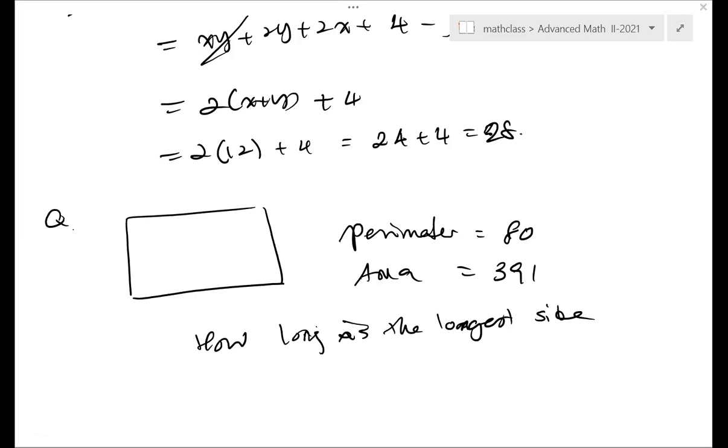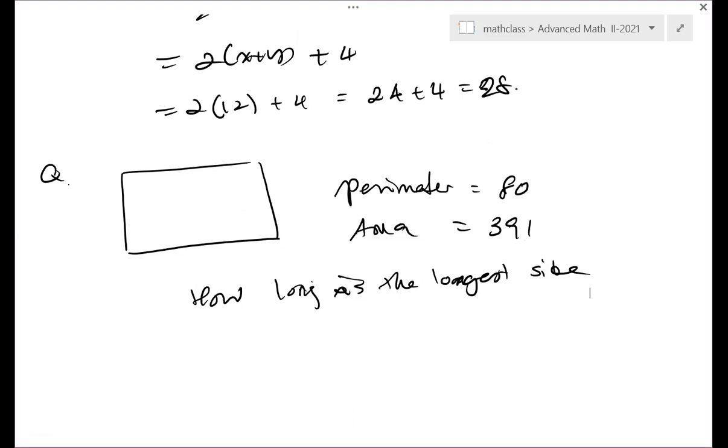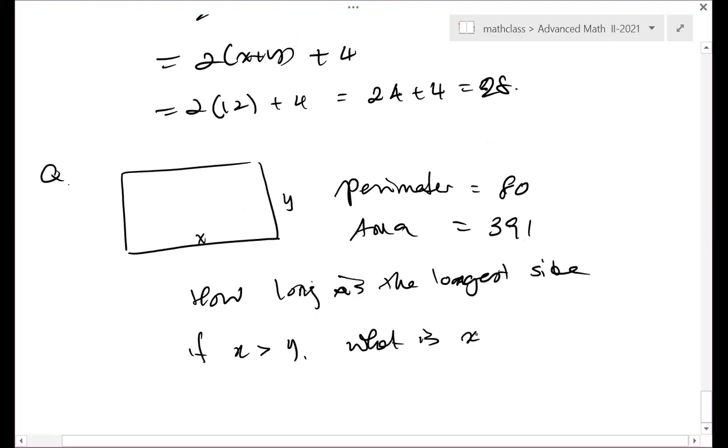Any ideas? Yeah. How long is the longer side? So if this side is x, this side is y, if x is greater than y, what is x? Of course, you can find the y at the same time. The product is going to be the area, right?